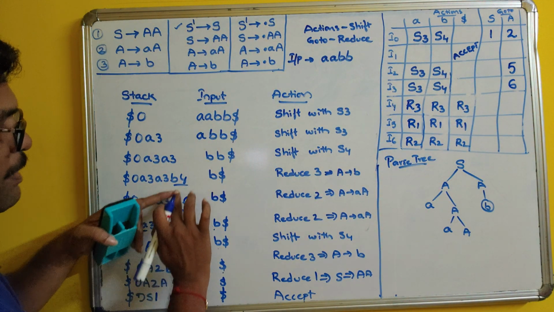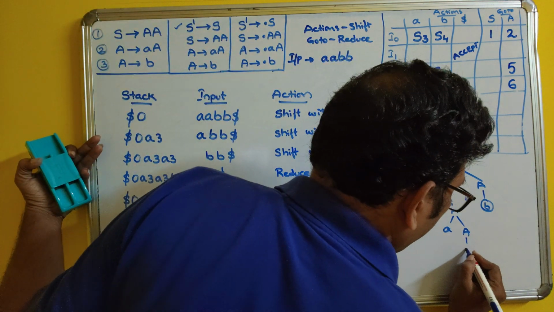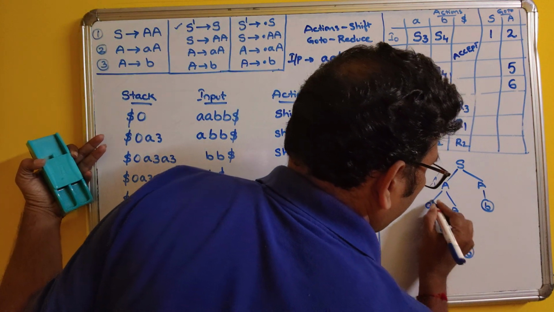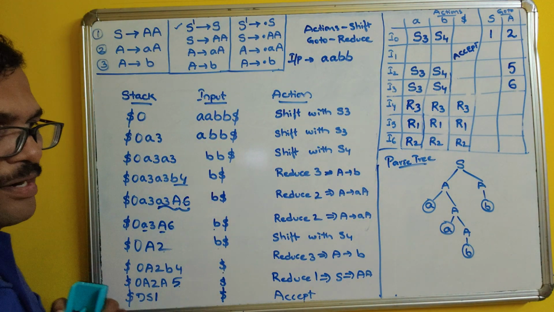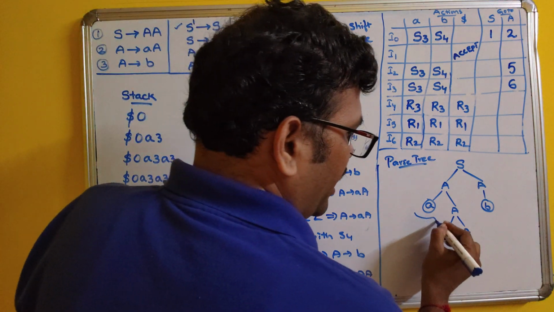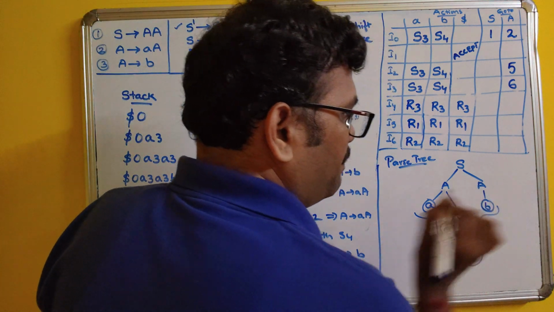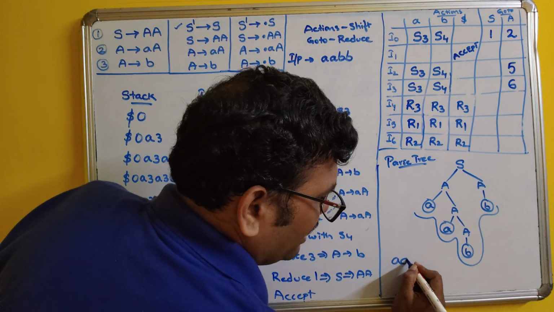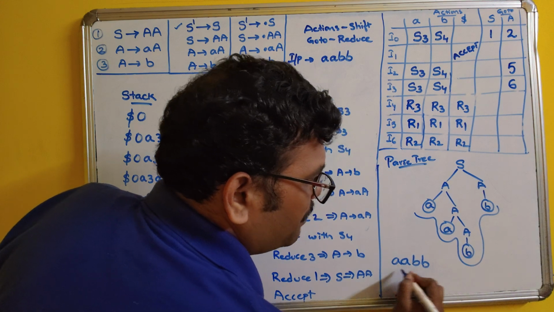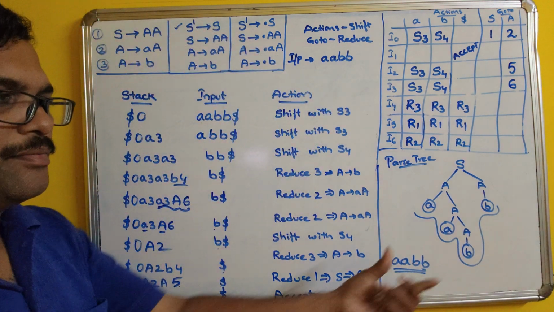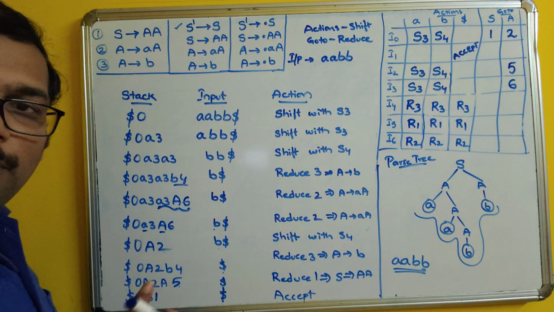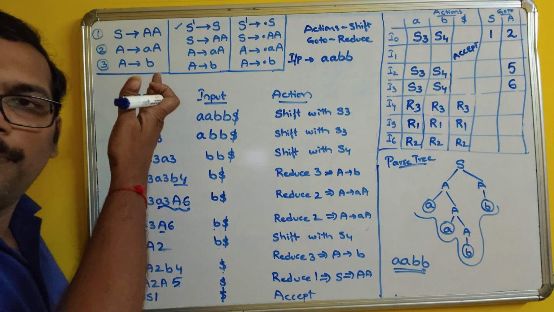And this A is expanded with the B. Completed. Now you can check A, B and B. So you can write out all the leaf nodes, that is A, B. That's the input string. Okay, so we are going from bottom to top.